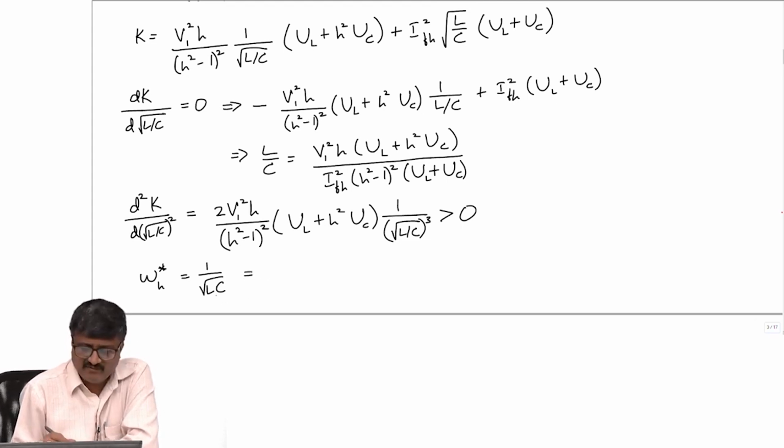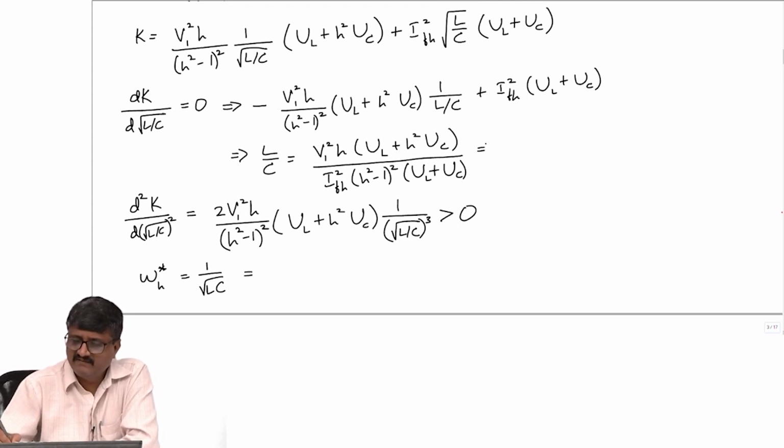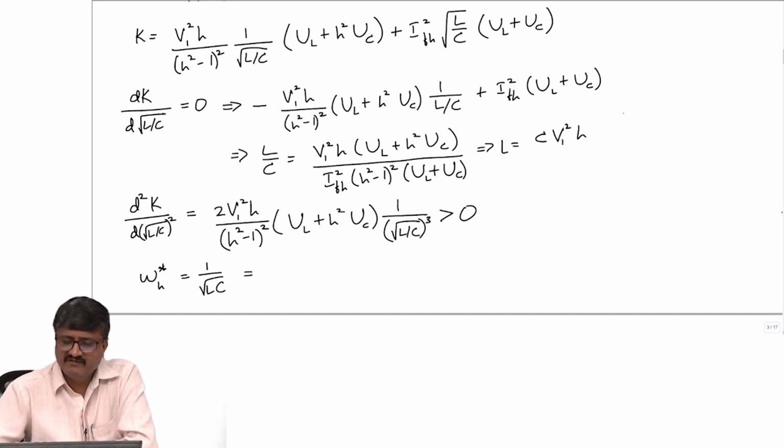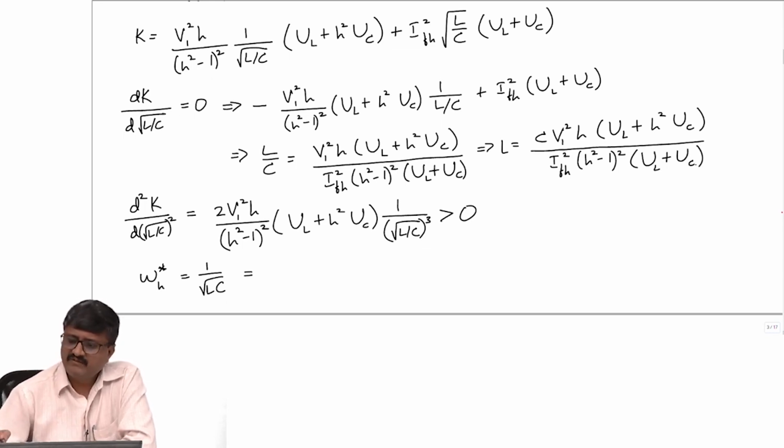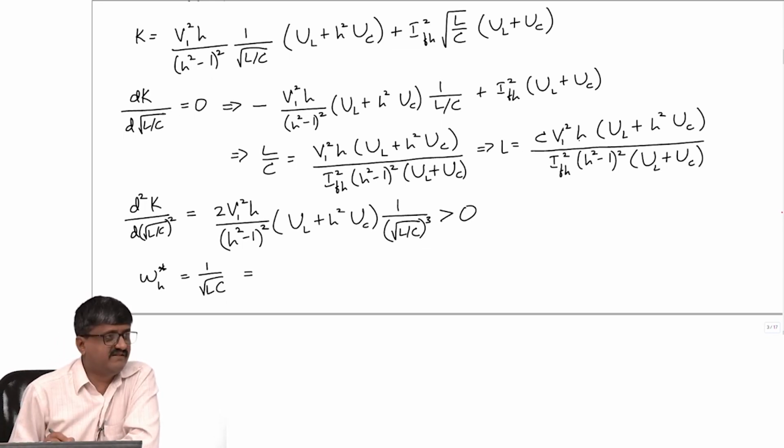So, I write the previous equation as L equal to C into V1 square H into UL plus H squared UC divided by I of H squared into H square minus 1 whole square UL plus UC. I use this expression and substitute it in the expression for omega H star.